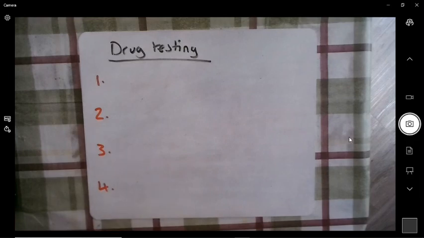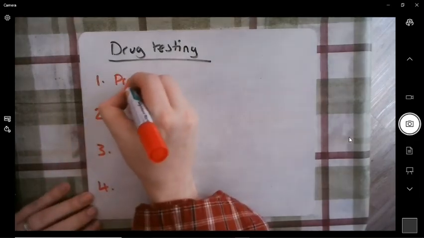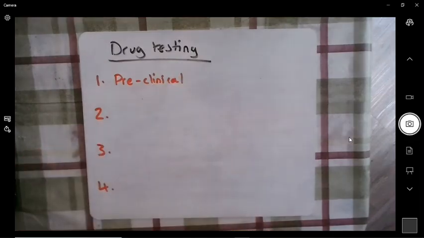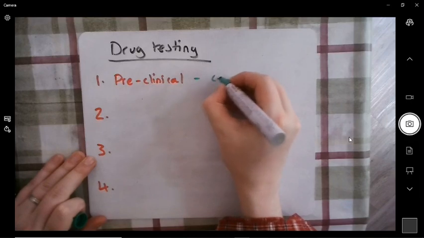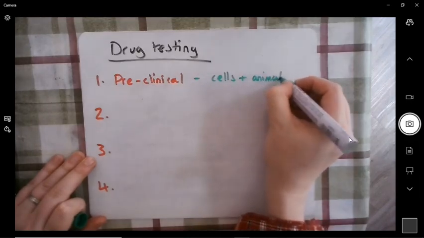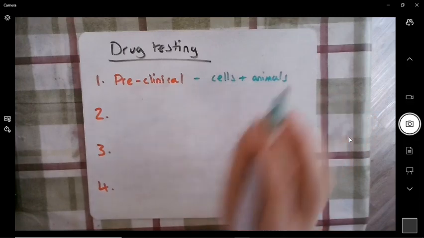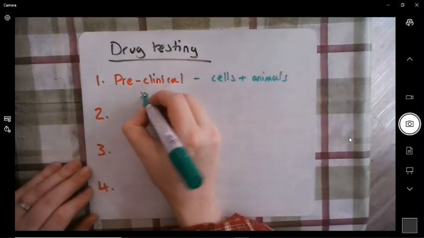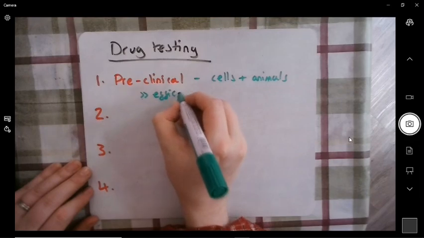The first is preclinical trials. Preclinical means before using humans. So a preclinical trial will be using cells and maybe using animals, flies, mice, etc. So before we are testing on humans, what we're actually looking for is efficacy.